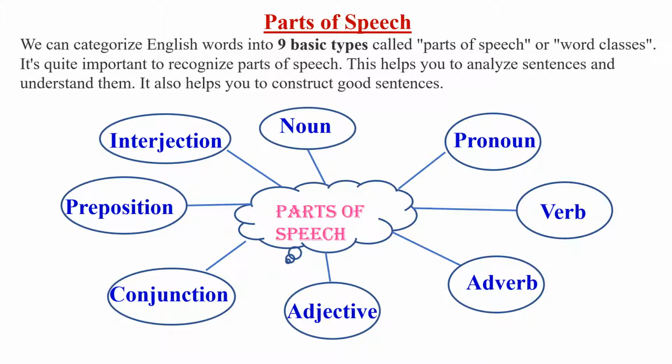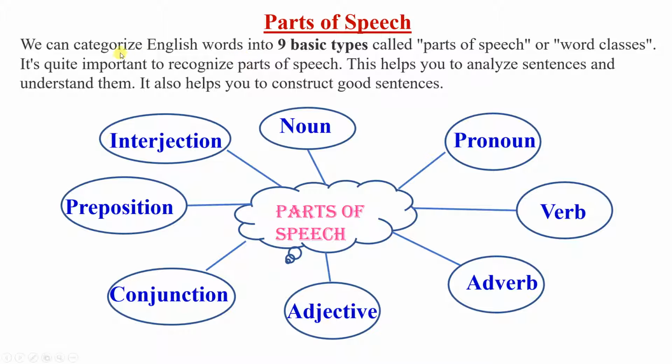This helps you to analyze sentences and understand them. It also helps you to construct good sentences. So this is helpful to you from class 1 till class 12 or moreover, wherever you need to make sentences or learn English.